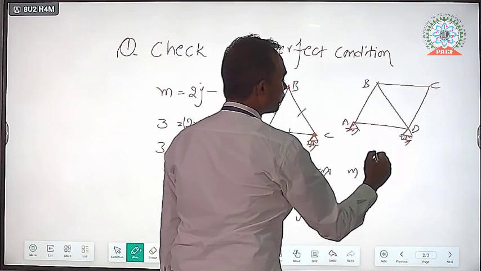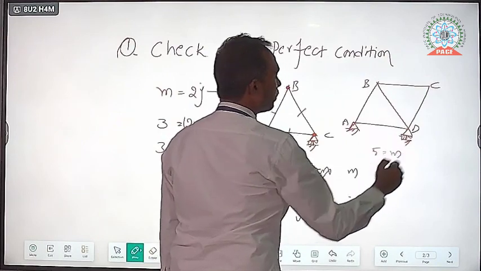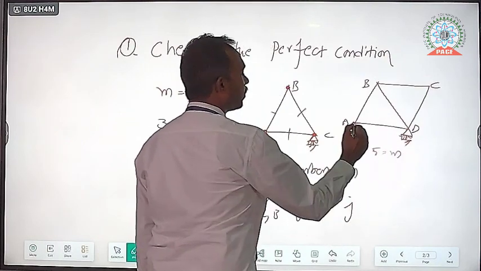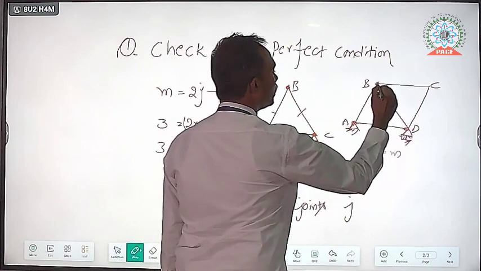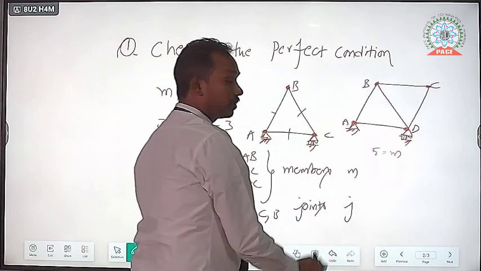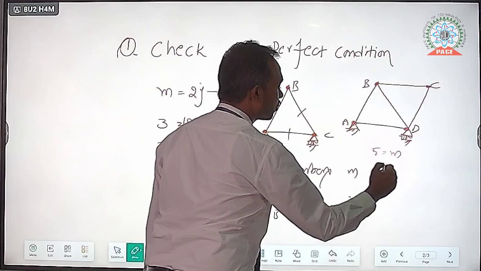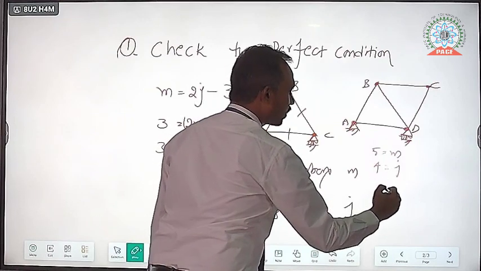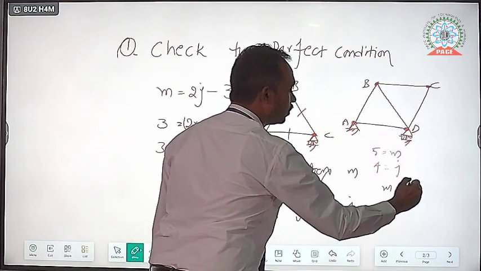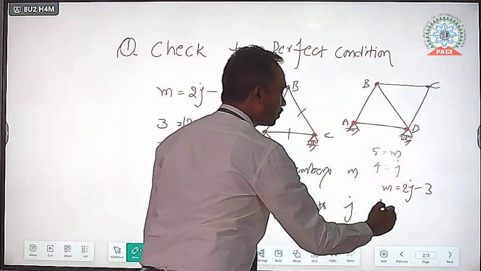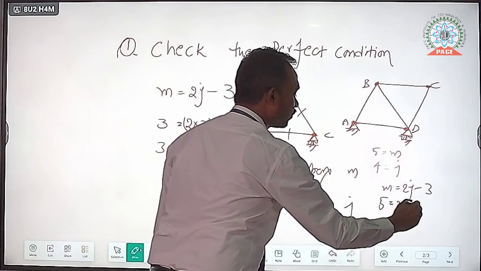How many joints are there? 1, 2, 3, 4 joints. So our condition is m is equal to 2j minus 3. So 5 is equal to 2 into 4 minus 3, that is 5 is equal to 5.